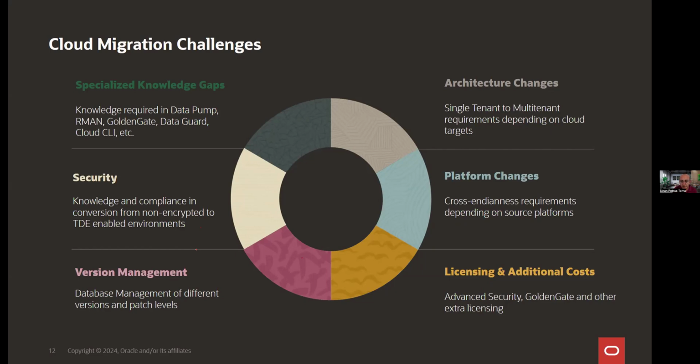If you are moving from a lower database version to a higher one, especially across release versions or even across major release versions, so you are doing an upgrade and migrate at the same time, or even switching between different architectures like across little and big endians, or switching database architecture from non-CDB to the multitenant architecture, there are many things you will need to consider and take care of.